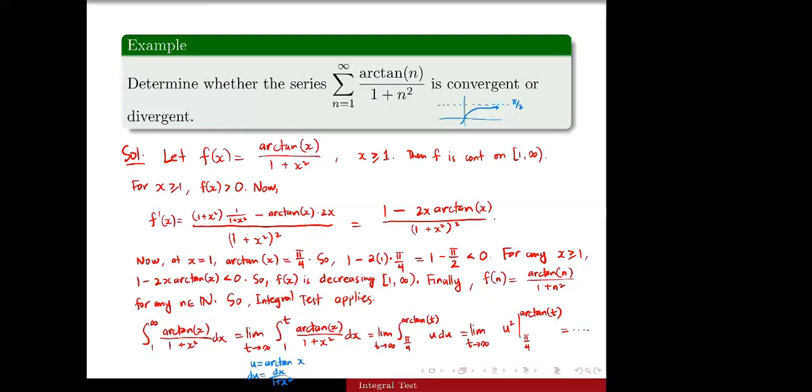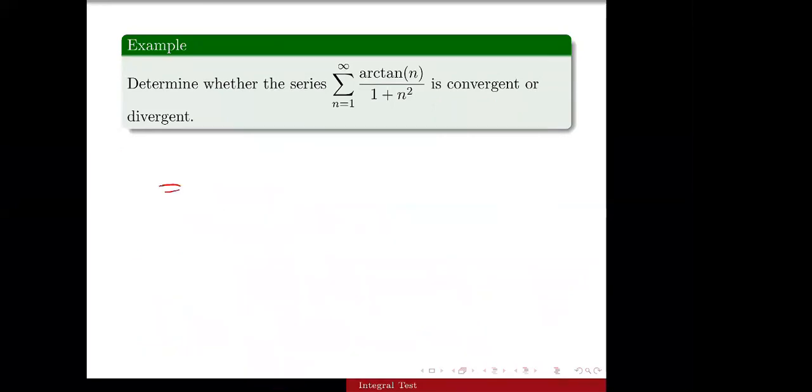Again, we continue on the next page. So this is equal to the limit as t approaches plus infinity of arctan of t quantity squared minus pi over 4 quantity squared.